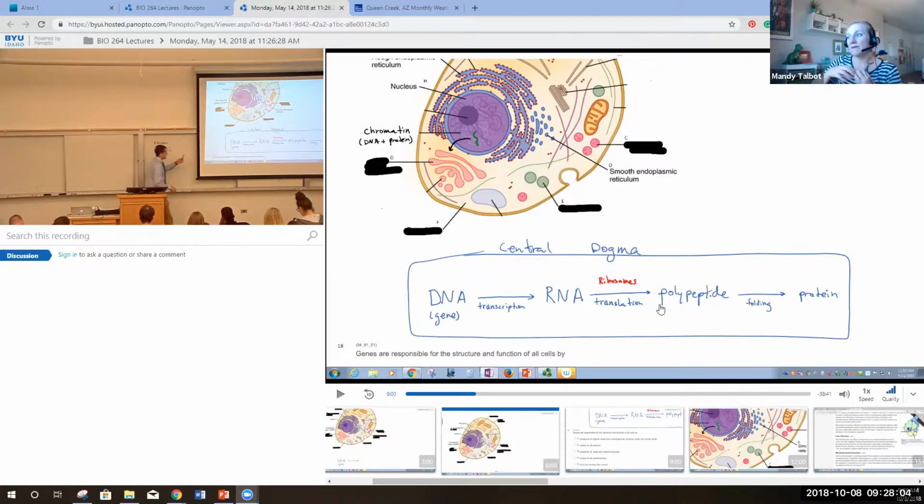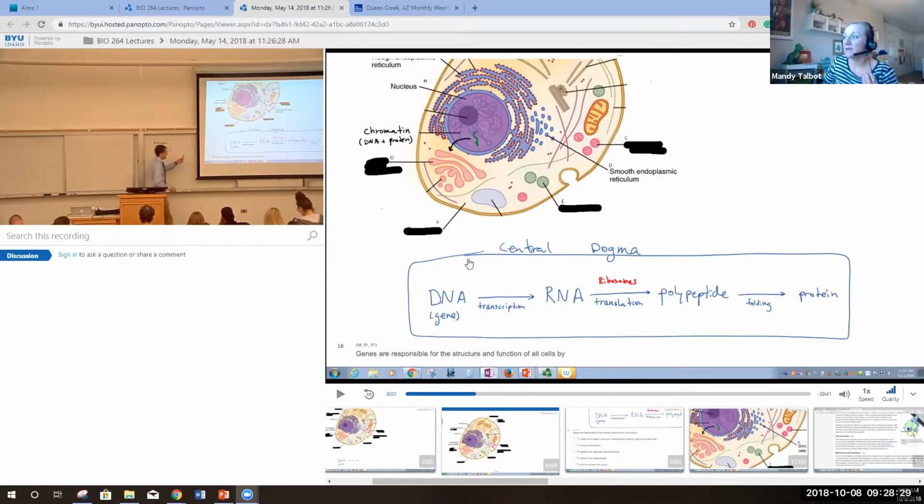If you think of a polypeptide as a beaded necklace, and each of the amino acids that make up that polypeptide are the beads on that necklace, the ribosomes are what add each of those beads and make that polypeptide. So here is translation, where we're going from the language of nucleotides to the language of proteins and amino acids.